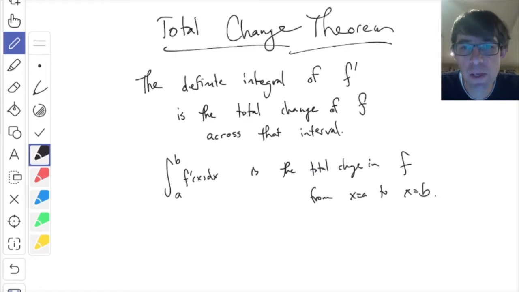If you're looking at the derivative of something, the area under the curve of the derivative is the total change in the original function from x equal a to b. If you're doing the integral from a to b, it's the total change from a to b. All right, this is the basic idea.